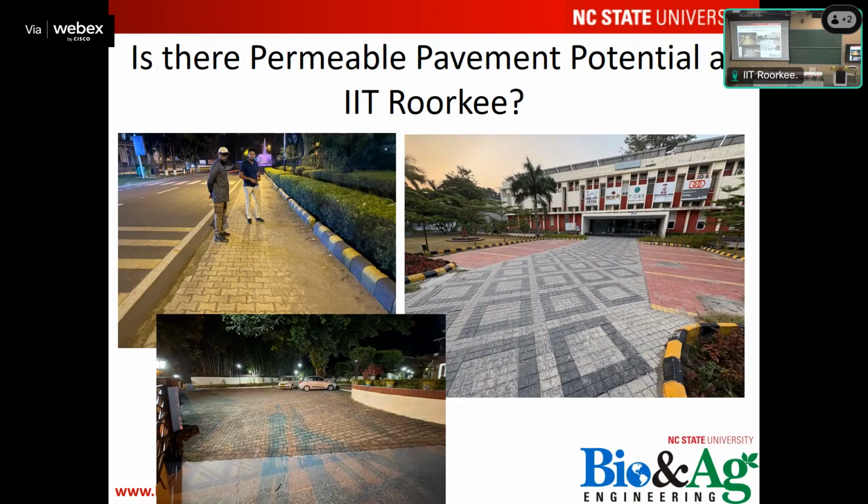Now, there are some key things that we will spend some time on between now and lunchtime that will help you identify whether it's a great location, an okay location, or a bad location. Not everywhere on campus that has segmental pavers is a good location for PICP.